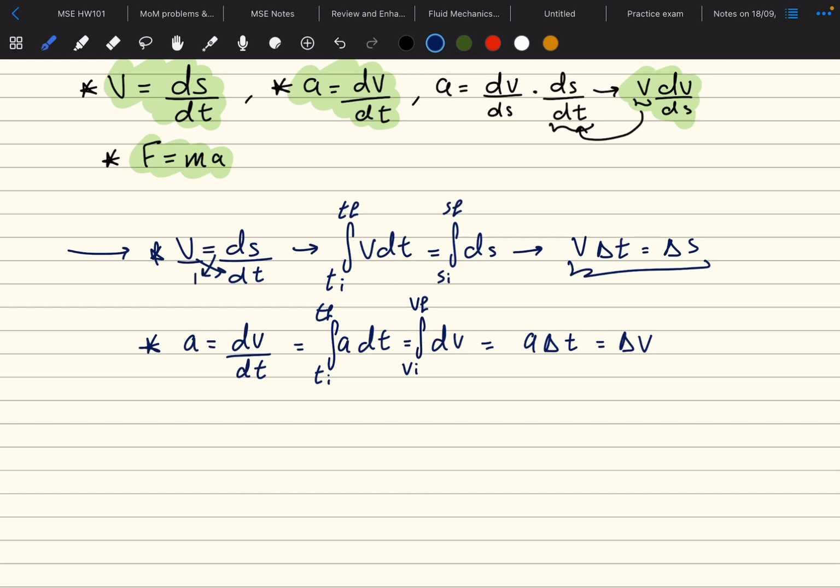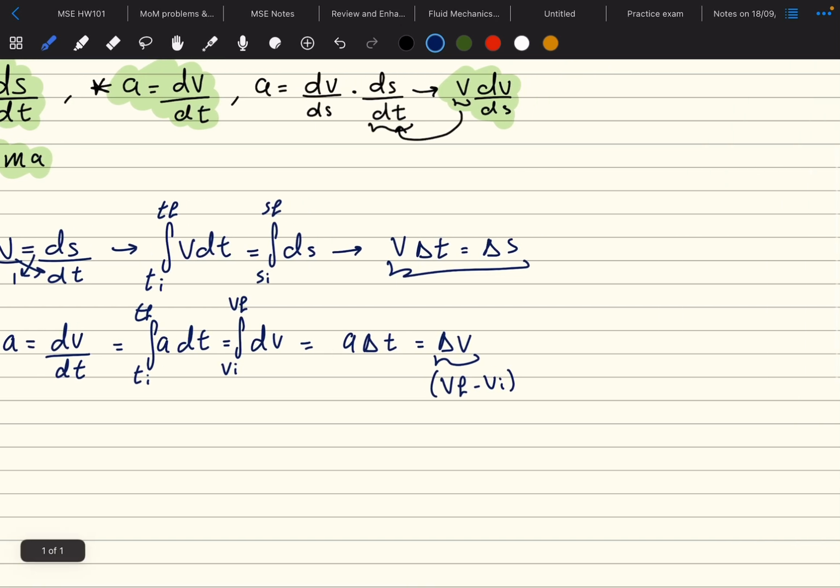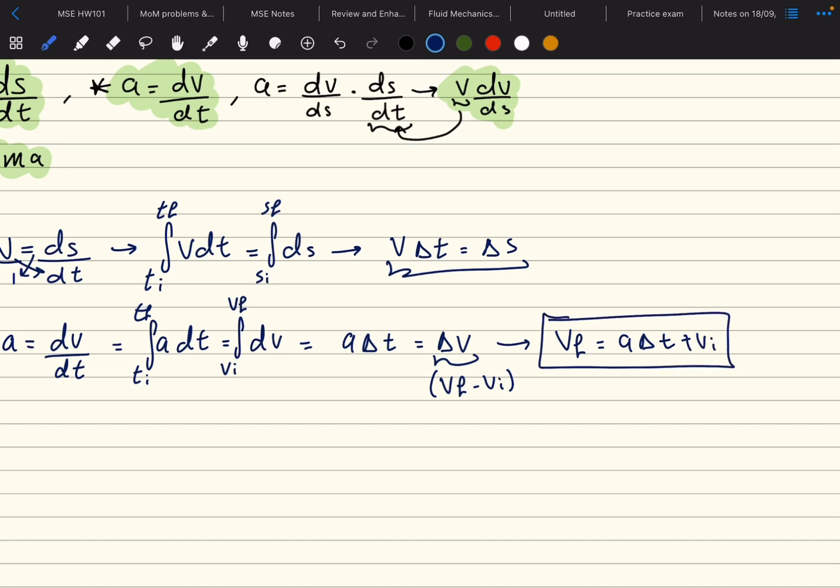Now, delta v is v final minus v initial. We all know that. So then it would be like this. And that's our first kinematic equation right here.